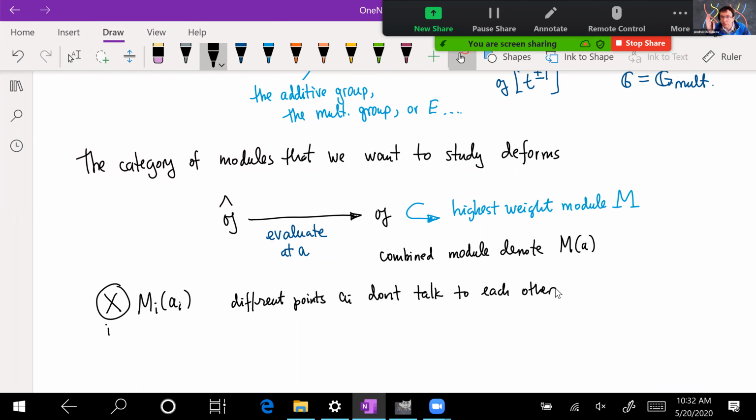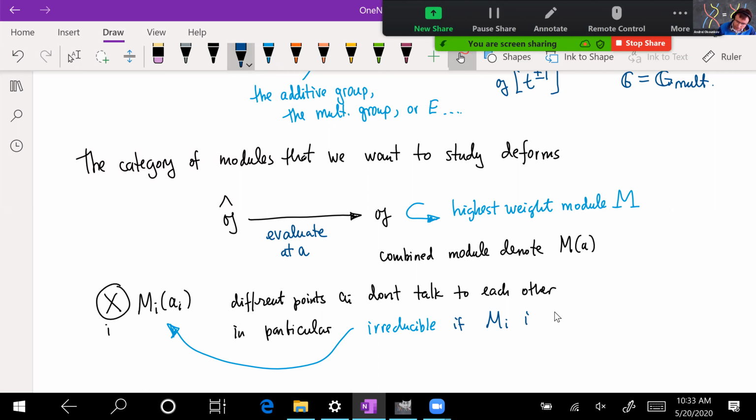So if you evaluate at finitely many points, your algebra projects to so many copies of your algebra G. And so in particular, this is reducible if each M_i is reducible and a_i is not equal to a_j.